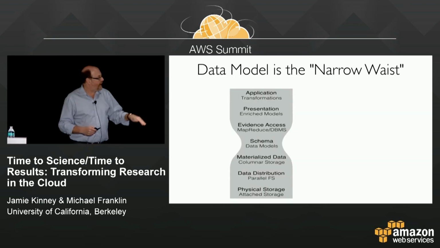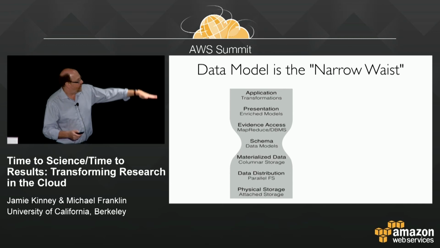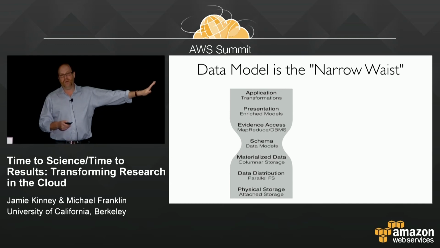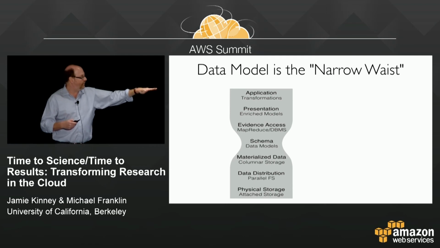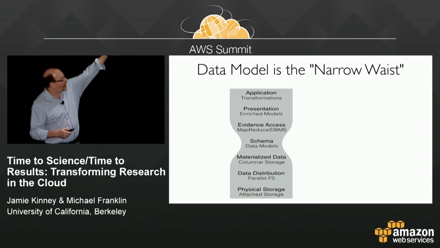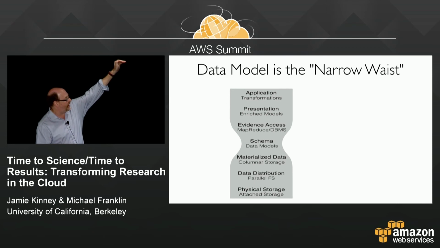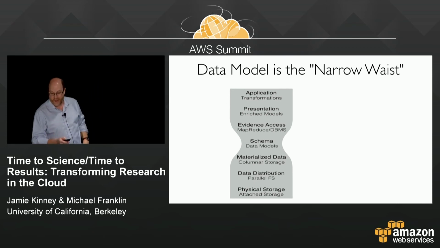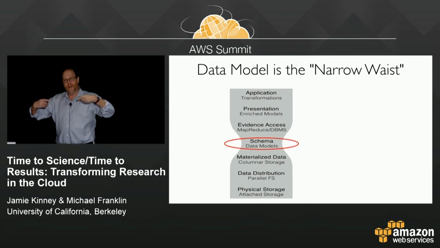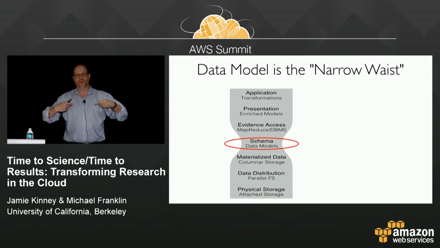Another way to look at ADAM is in a layered stack where at the bottom you have your physical storage and then various data structures. At the top you have your end applications and then the modeling that you do. And where they meet, in the middle, is the logical data schema. Okay?